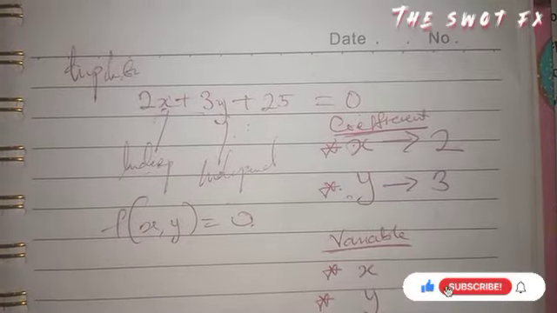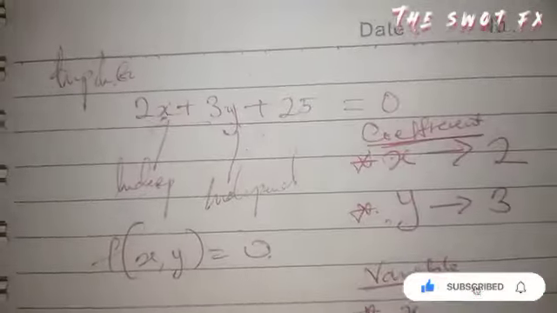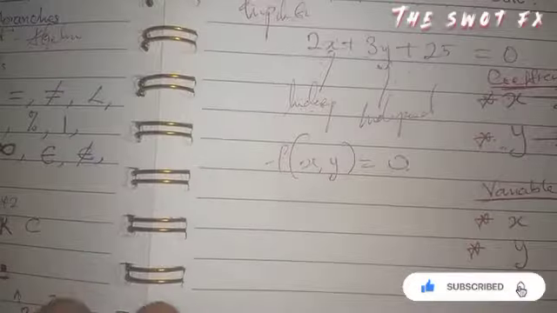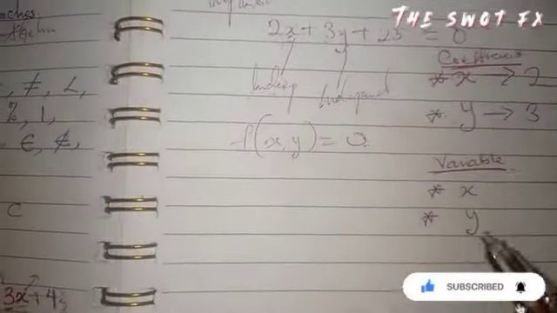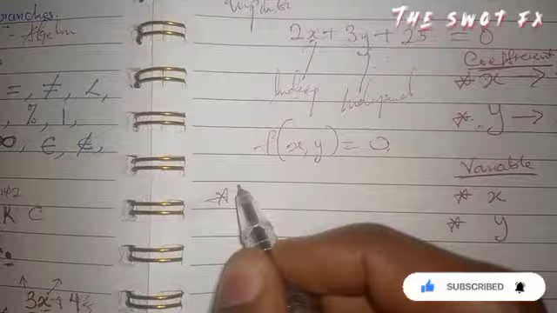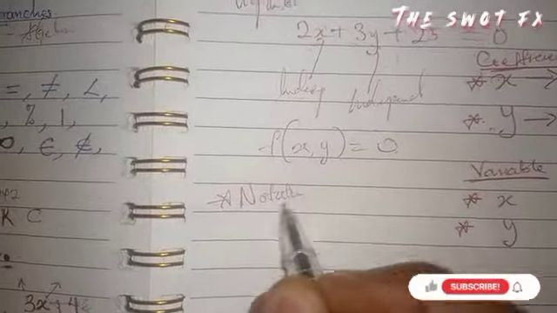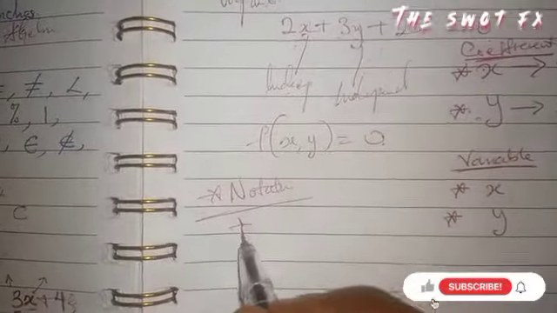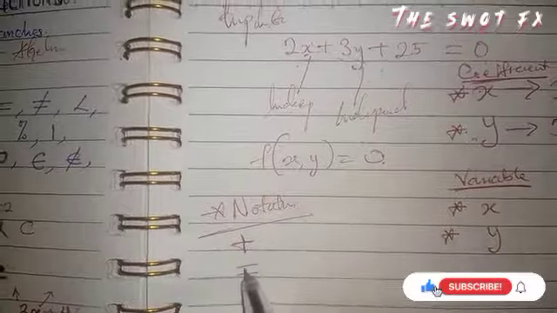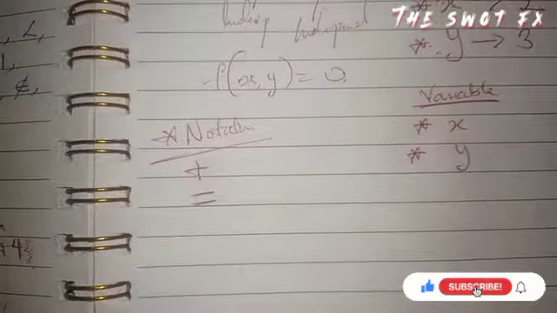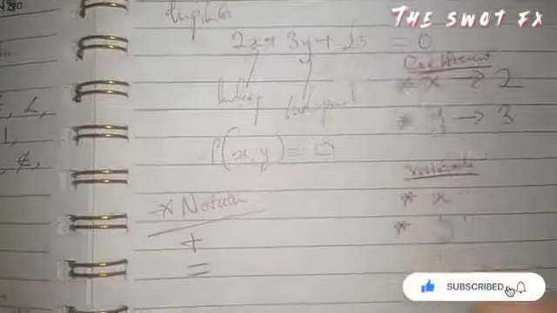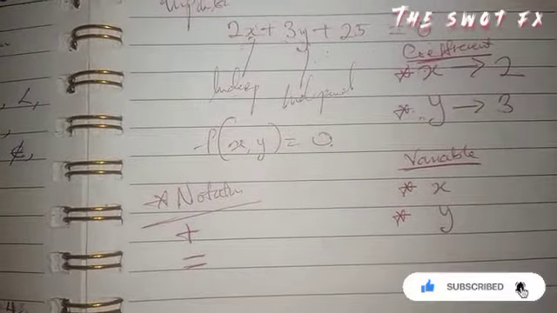Are we together now? So these are just facts. If I ask for notations there, we have plus, and we have equal to. Those are the signs that we have here. Do we get it now?